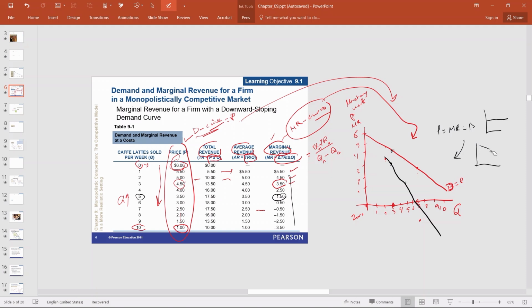It's downward, and the marginal revenue comes beneath it or below it, because this later will help us to determine the maximizing profit where marginal revenue should equal marginal cost. So this is in perfect competition, and this one is in a monopolistic competitive market.